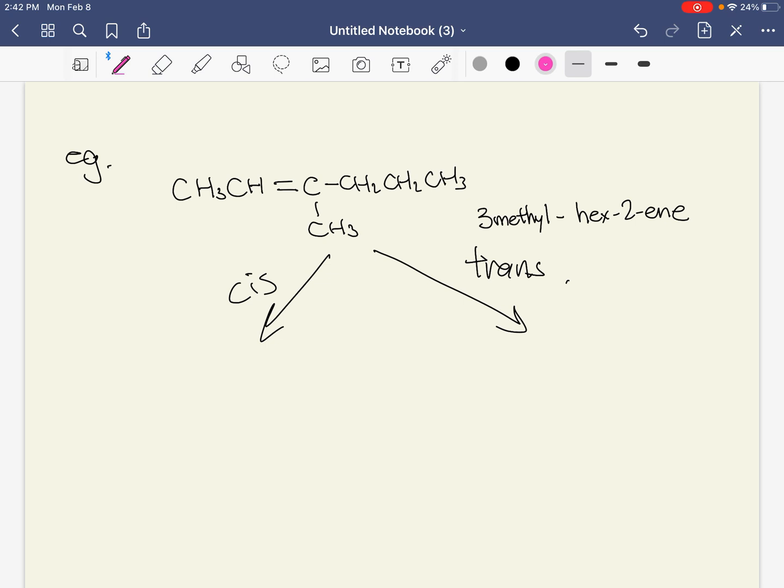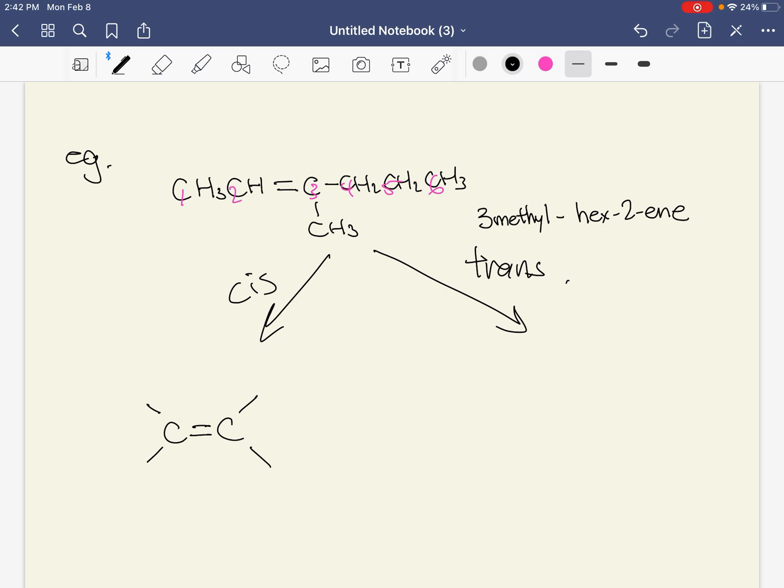Make sure you number these according to the longest chain. And you want to make sure, if you're looking at cis, that this part is sticking in one direction and this part is sticking in the same direction. So let's emphasize the double bond in this geometry. 120 degrees.